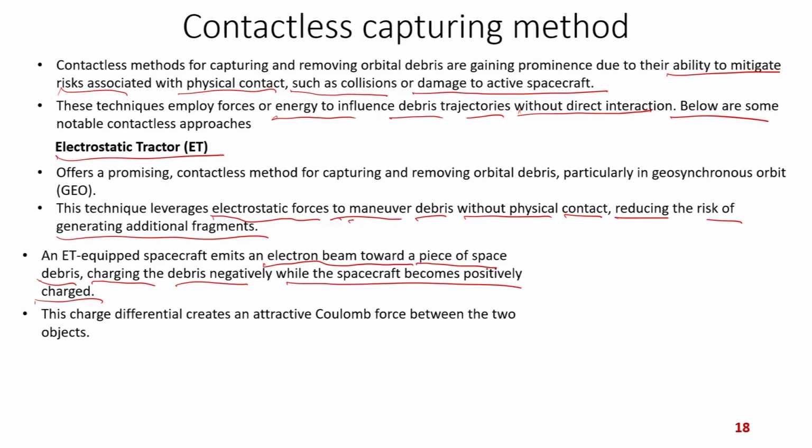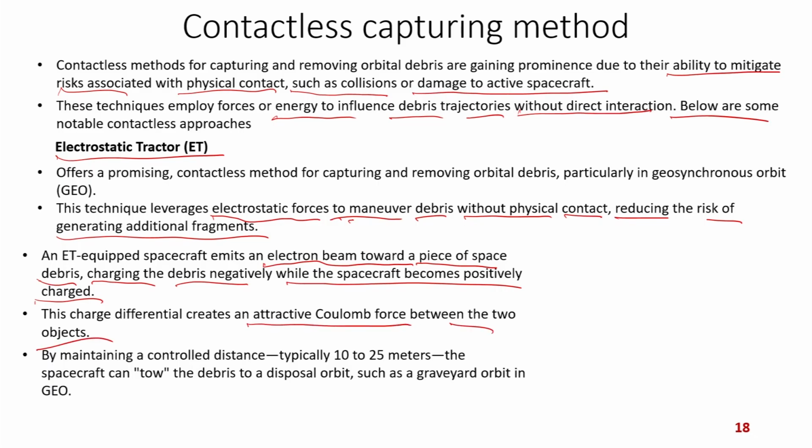This charge differential creates an attractive Coulomb force between these two objects. By maintaining a controllable distance, typically 20 to 25 meters, the spacecraft can tow the debris to a disposal orbit such as a graveyard orbit in GEO. So, it can be put in some other orbit above the geosynchronous or geostationary orbit.